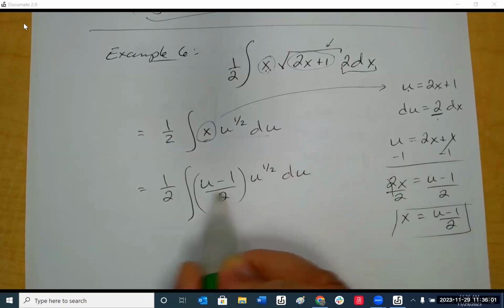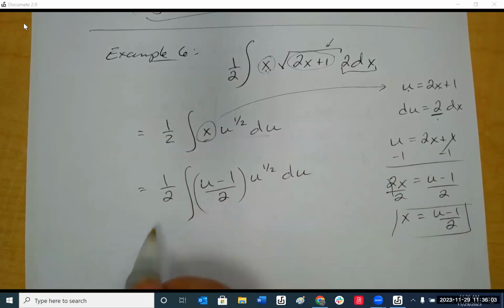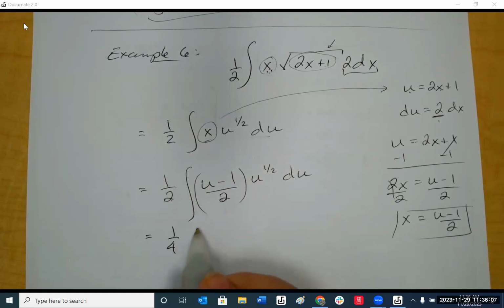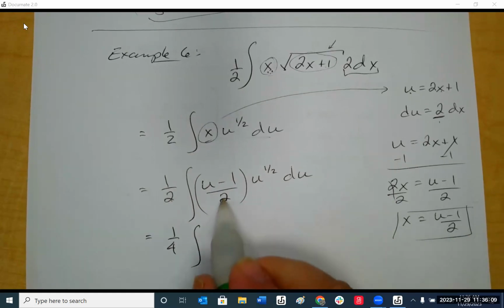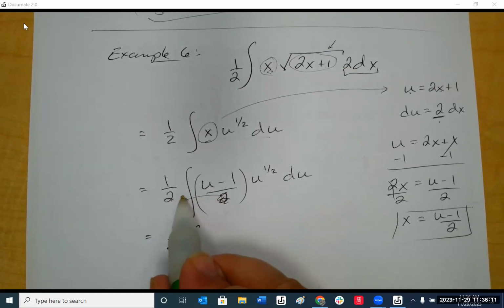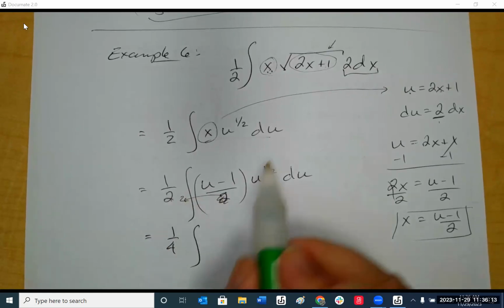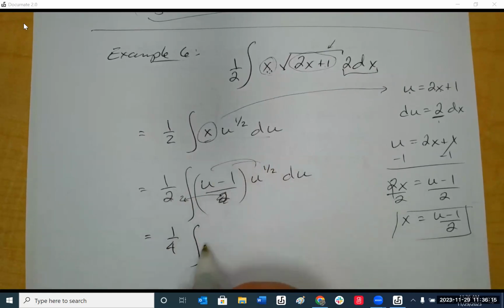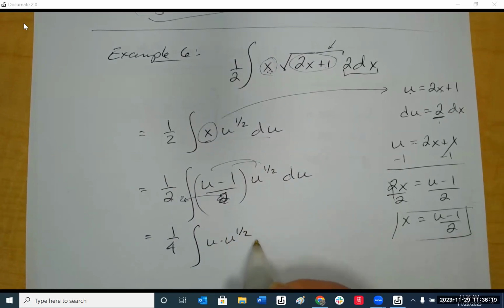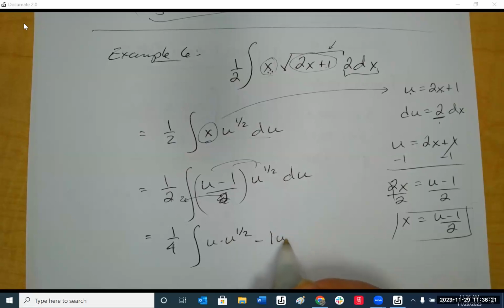This is a constant. We can take it out in front. So it's 1/2 times that, it's 1/4. So this 2 is moved out in front. Now we just distribute. We have u times u to the 1/2 minus 1 times u to the 1/2 du.